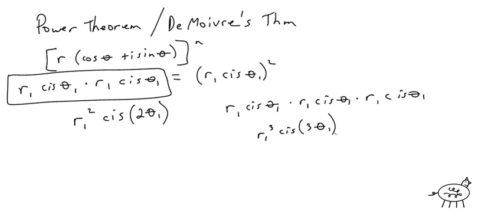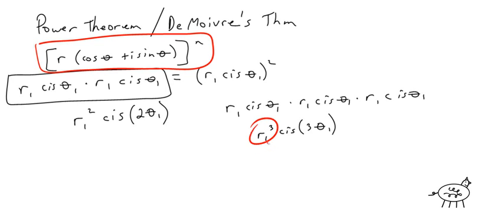Now let's go back to the original expression: r cis theta to the nth power. What I do is raise it to that power. You agree with that?